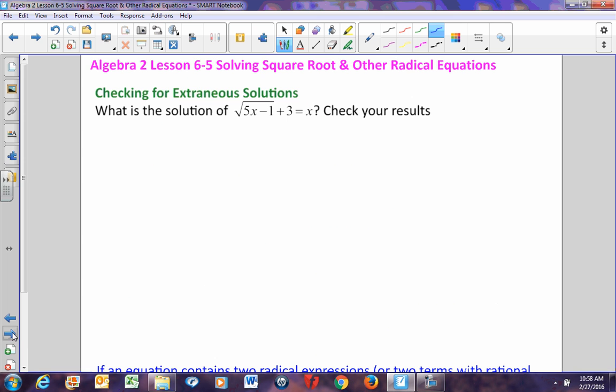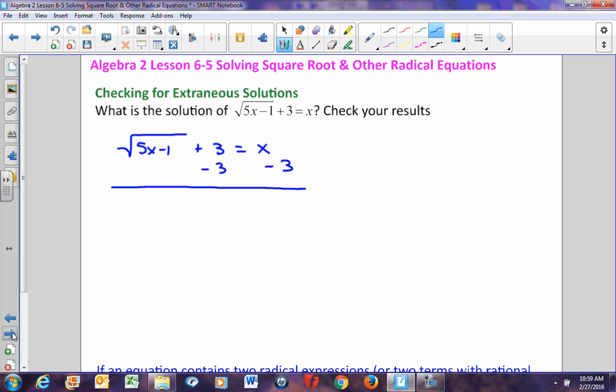All right. We've already done some checking for extraneous answers, but we're going to do some more. So we're going to check for extraneous solutions when we get these. So we have, what is the solution of the absolute value of the square root of 5x minus 1 plus 3 equals x? So I'm going to take the square root of 5x minus 1 plus 3 equals x, and subtract 3.